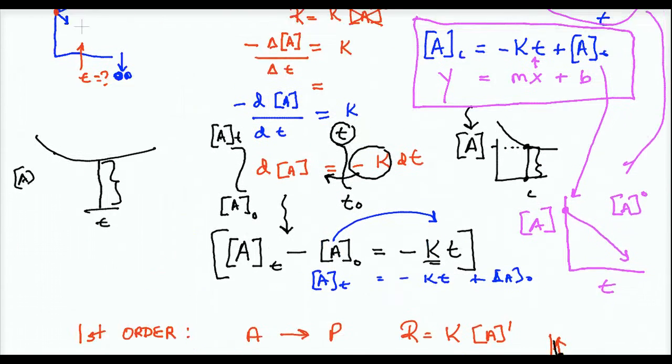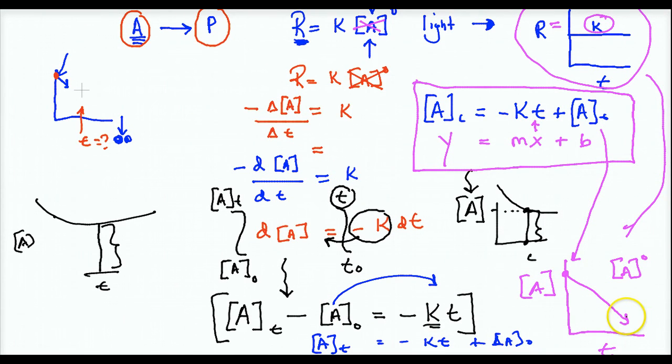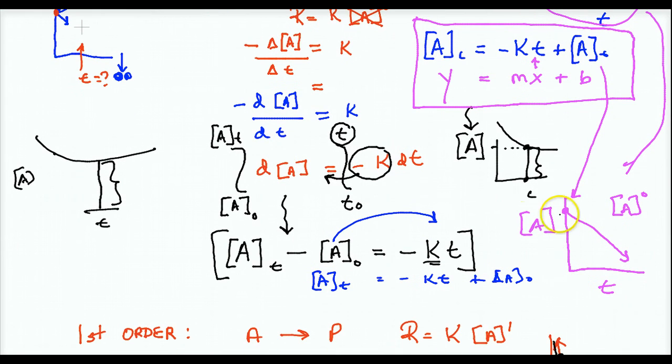Now above, if we get a negative slope, like we did for the first, zero order, I'm sorry, if we get a negative slope but the y-axis is just the concentration of A over time, my friend in chemistry, we have a zero order.